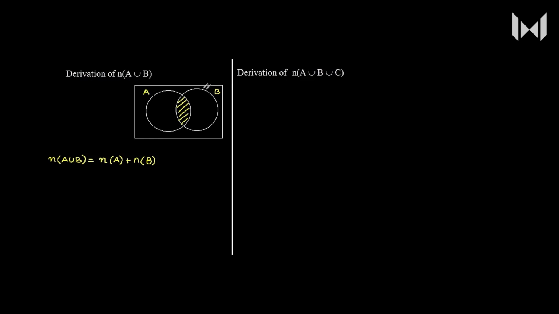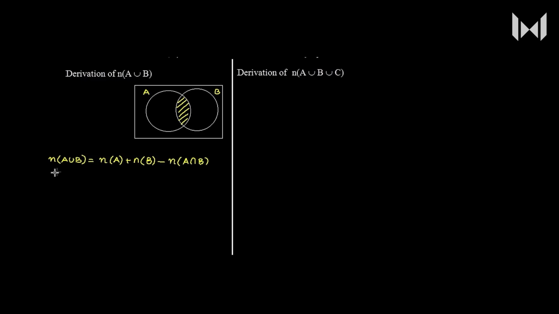Then once again when we take the elements of B, we are once again taking the common shaded portion once. So in fact we are adding this portion twice, one with A and the other with B. But it should be added only once, and that is the reason why we subtract it once.